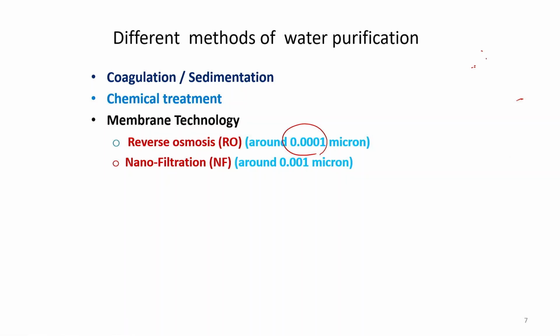Nanofiltration membrane, the size is a little bit more than RO, 0.001 micron. Then you can see the ultrafiltration, it is around 0.01 micron.